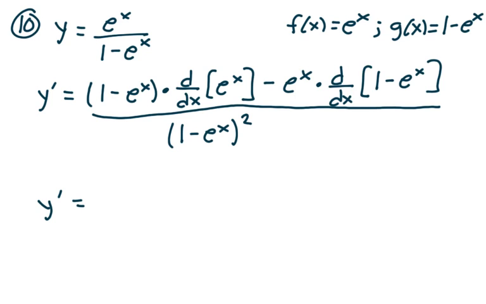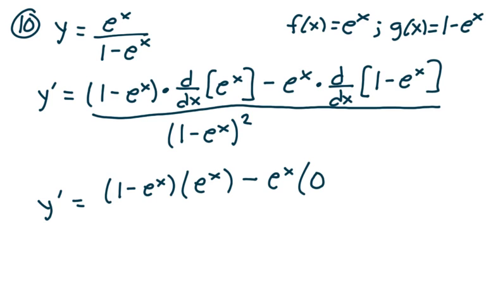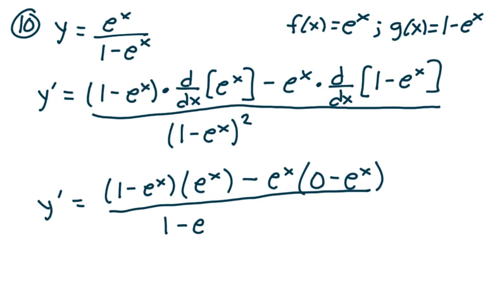So y prime is 1 minus e to the x. The derivative of e to the x with respect to x is e to the x. I'm going to subtract e to the x. And then I'm going to take the derivative of 1 minus e to the x with respect to x, which is 0 minus e to the x. And then I'm dividing by (1 minus e to the x) squared.